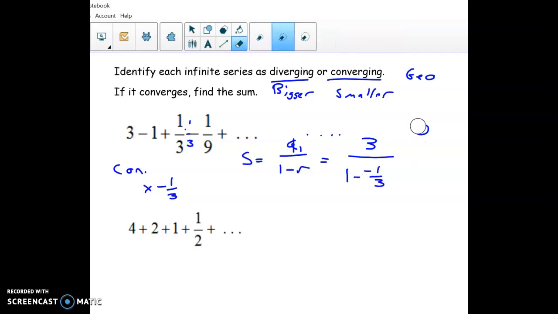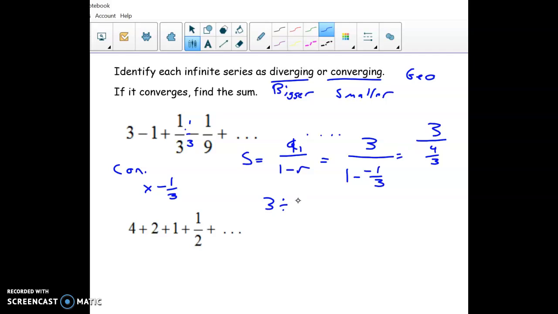So our sum is 3 over, this becomes a plus, so you have 1 1/3, which is 4/3. Then I'm going to write it as 3 divided by 4/3, and multiply by the reciprocal, so 3 over 1 times 3 over 4.